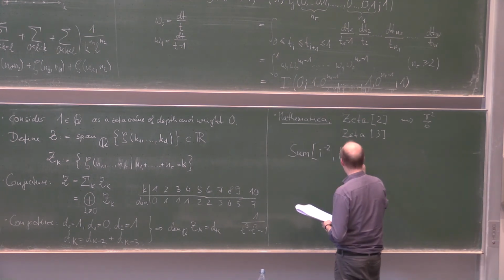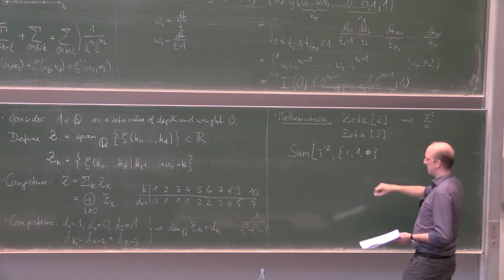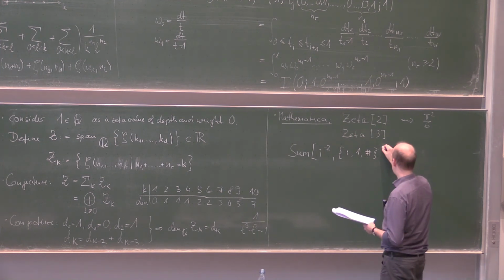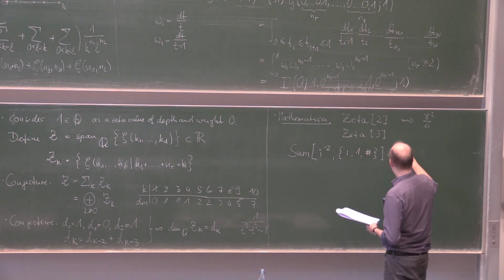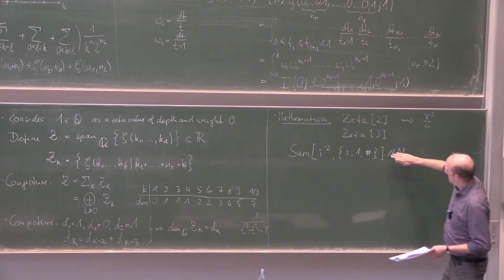Let I run from 1 to some number, which I will specify, and then write down n. Is somebody not familiar with the basic syntax of Mathematica? Then I'm happy to explain what I'm doing right now. Okay, so let's look at this one.